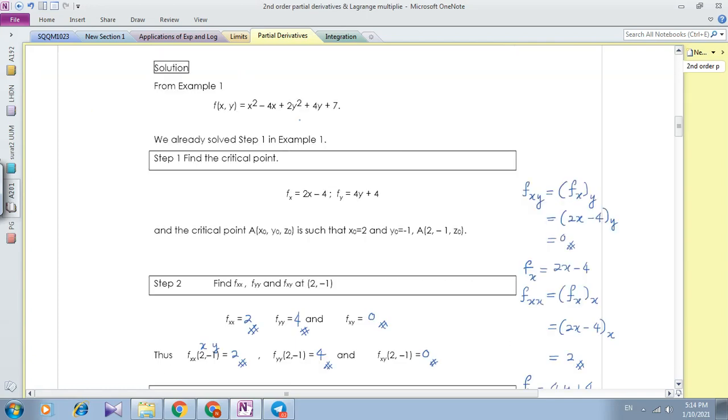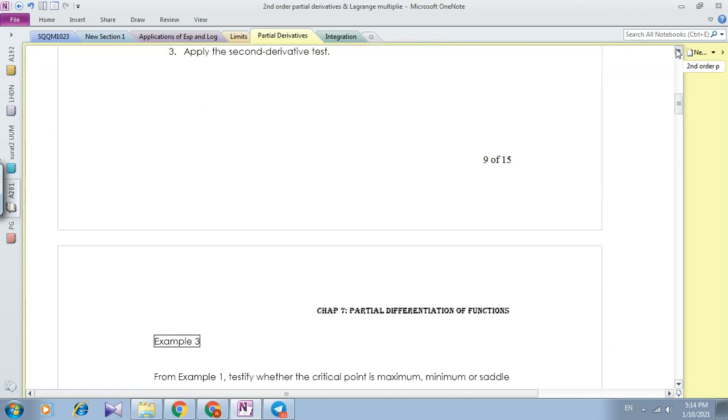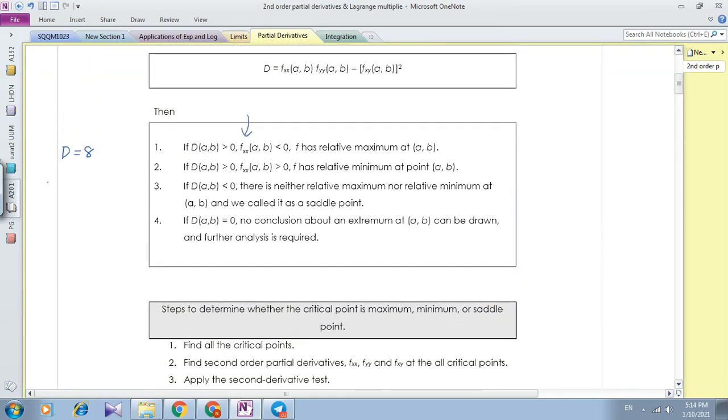So fxx is 2, which is greater than 0. We can see that both are greater than 0. So the conditions that we have are consistent with condition 2. For example 3, f has a relative minimum. So this will be our conclusion.